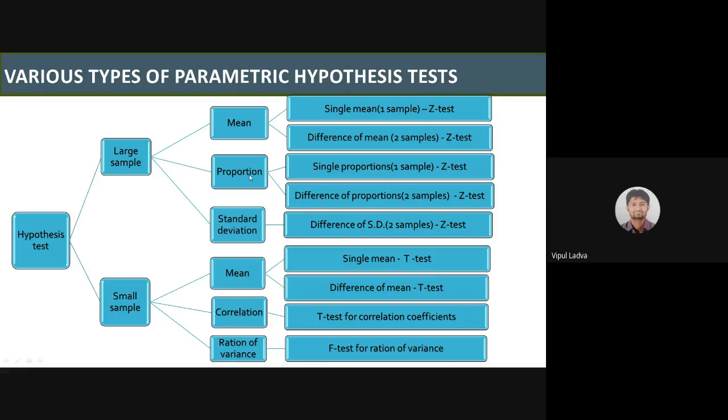Similarly, for the proportion, for the large sample, if we are having a single sample with the proportion as one of our parameters, then the single proportion Z test will be applicable. Instead of one sample, if we are having two samples with us, then the difference of proportion Z test will be applicable.